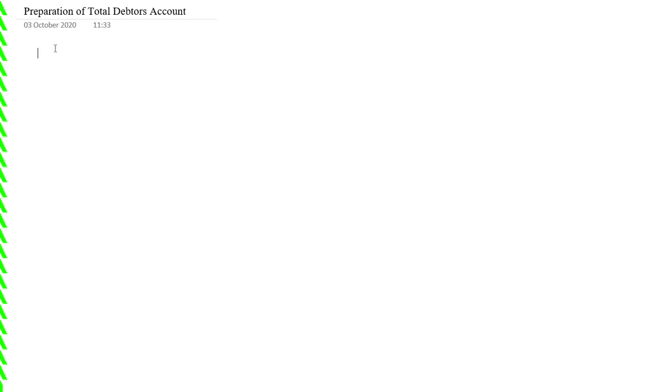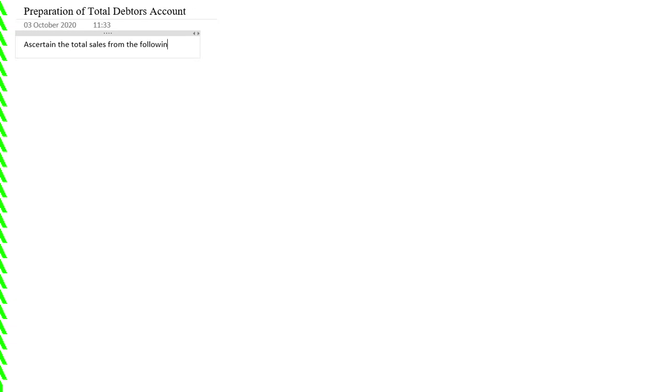Then it may be prepared to find out the opening or the closing balance or the cash received from the debtors here. This is a problem which has appeared in the 2019 question paper. So the problem is like this here: ascertain the total sales from the following.